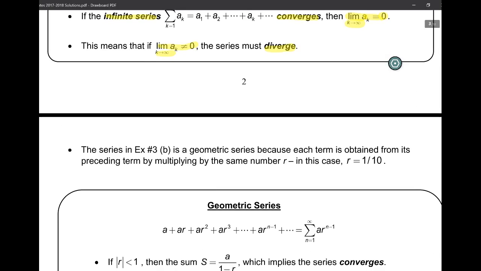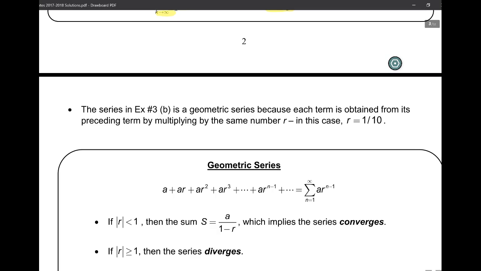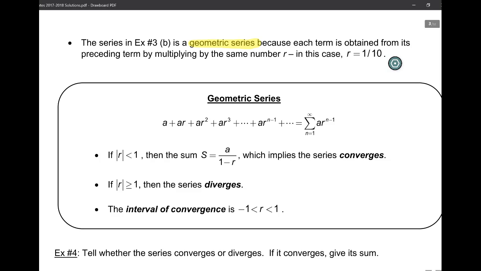Now, that series in example 3b is what we call a geometric series. Each term is obtained from the preceding term by multiplying by the same number r. In this case, r is 1/10. So a geometric series is, again, when you have what's called a common ratio, which is equal to r.